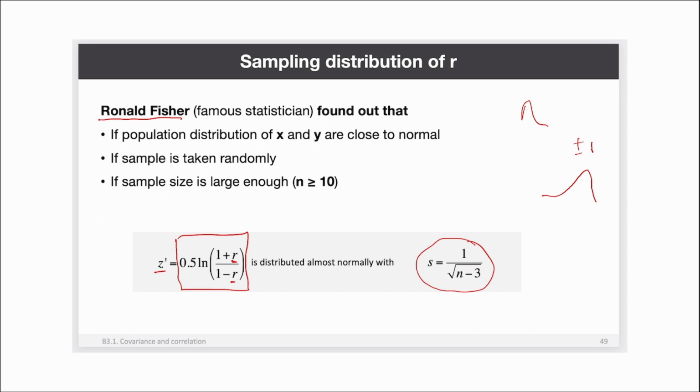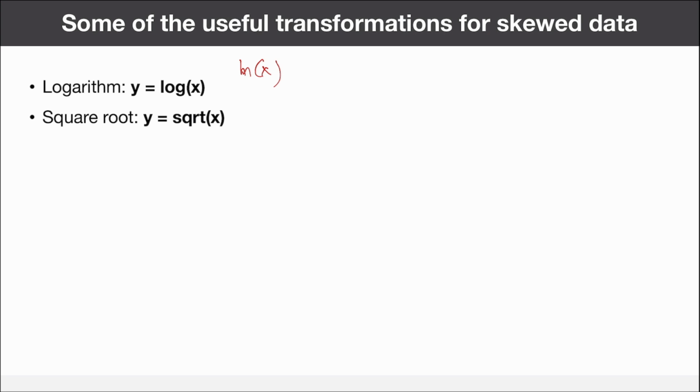So now let's talk a little bit more, just a couple more examples. First of all, the main transformations that you can use if you have skewed data are logarithm. Most of the time it's natural logarithm, but you can actually use logarithm with any base. The square root of the value, the inverse square root of the value.